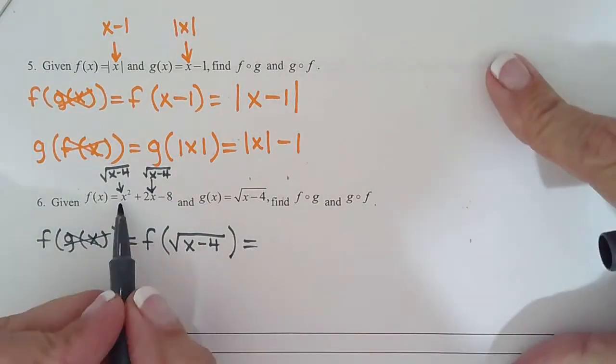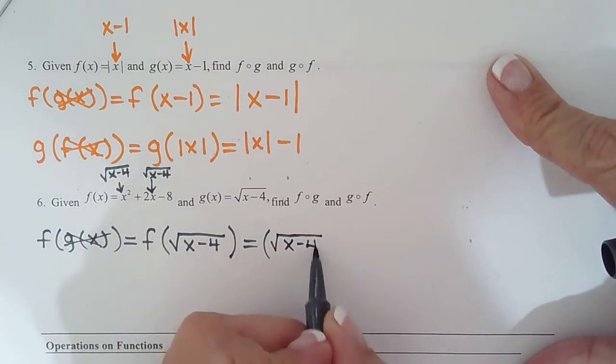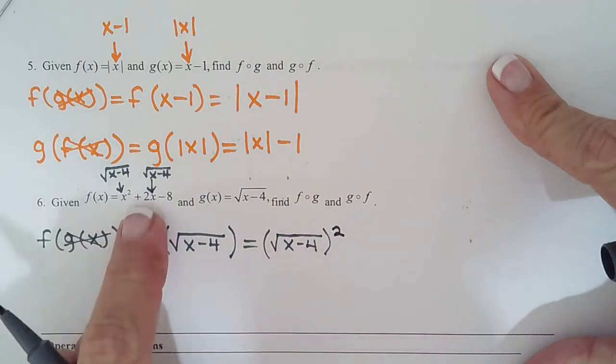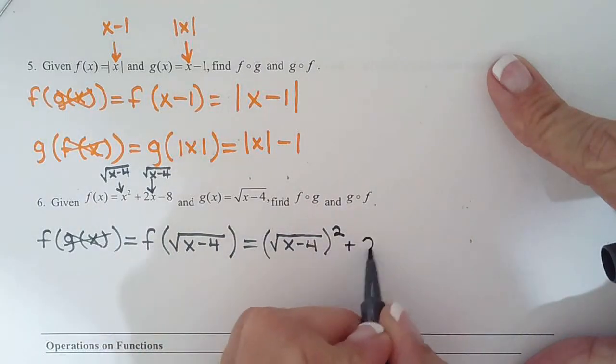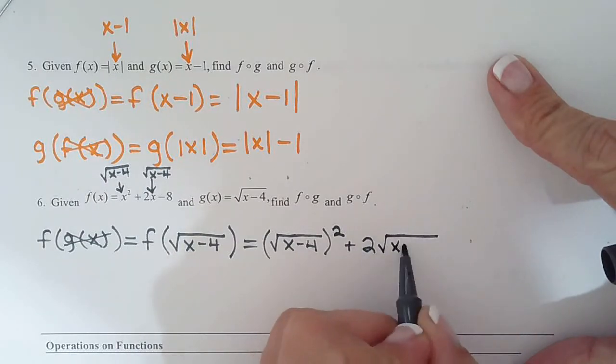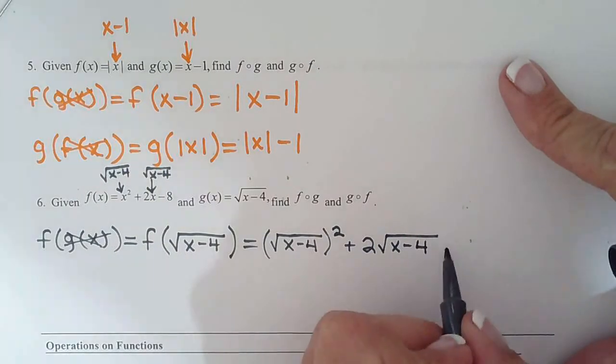So this is going to turn into square root x minus 4, but then I need to square it, plus 2. In place of the x, put in square root x minus 4, and then minus 8.